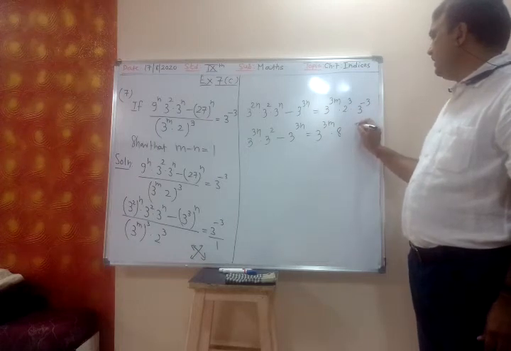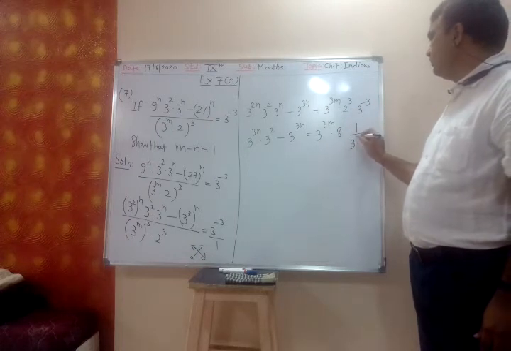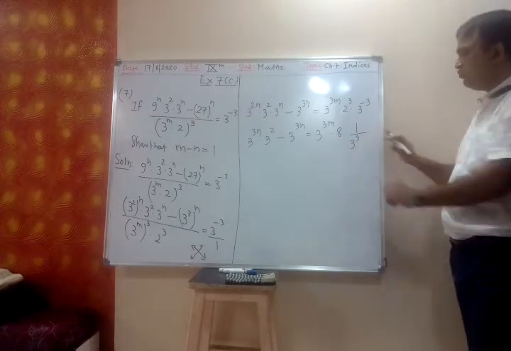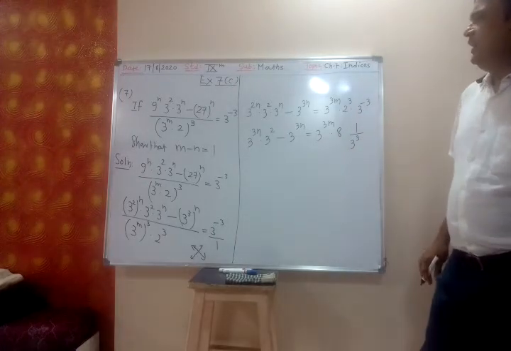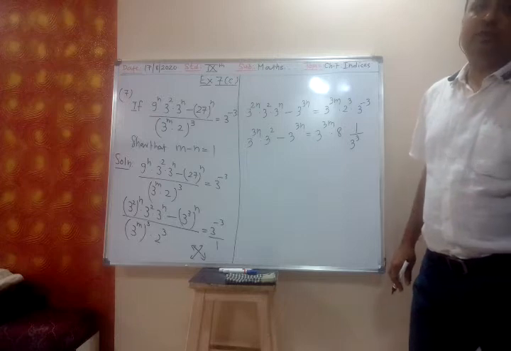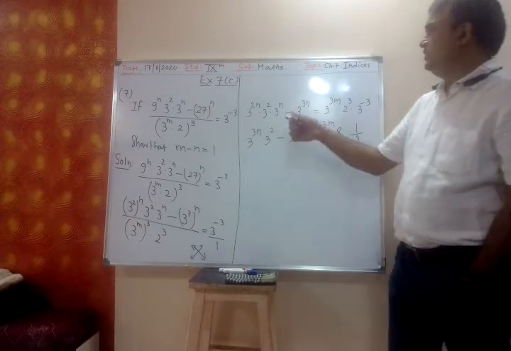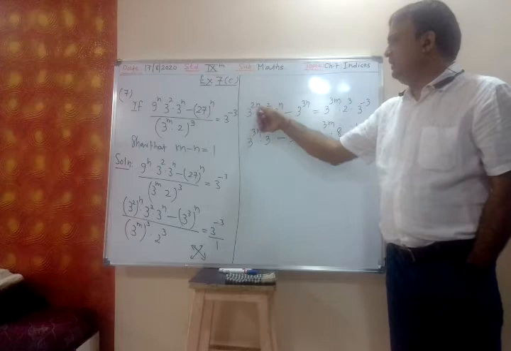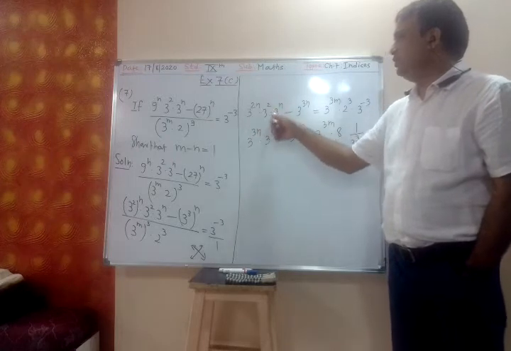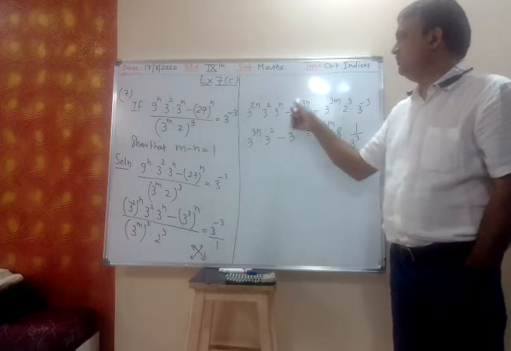Then 3 raised to minus 3, I can write 1 upon 3 raised to 3. My dear, power into power, you have to add the power. So 3 raised to 2n into 3 raised to n will be 3 raised to 2n plus n.